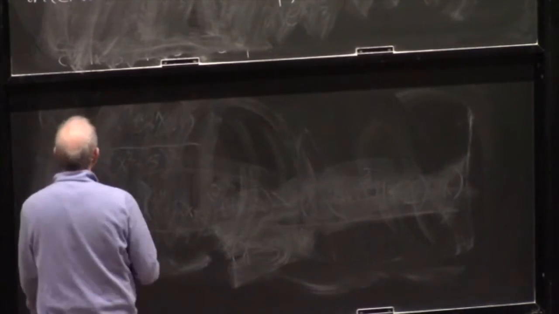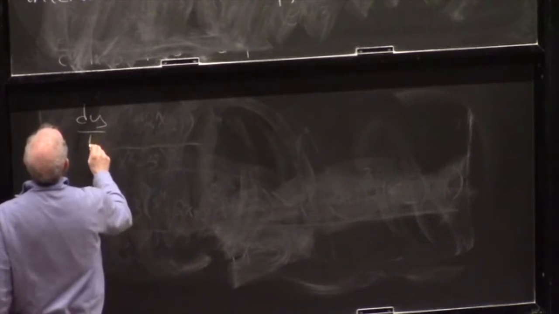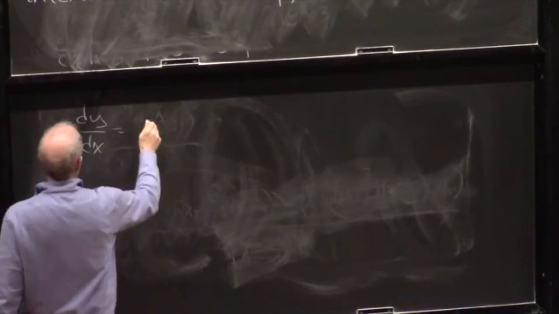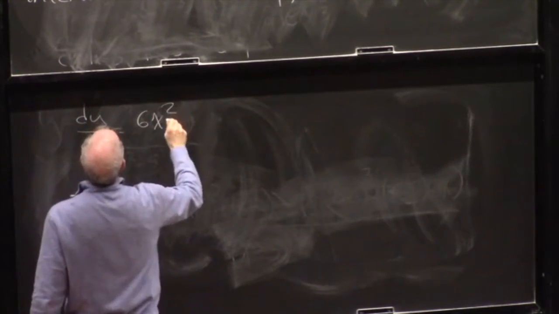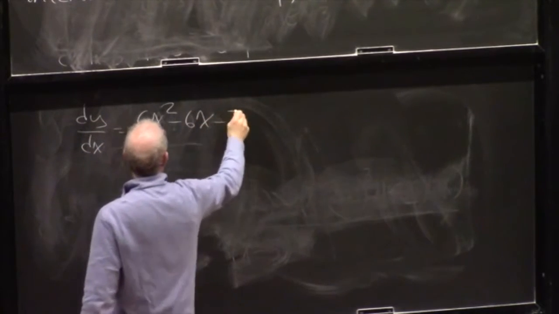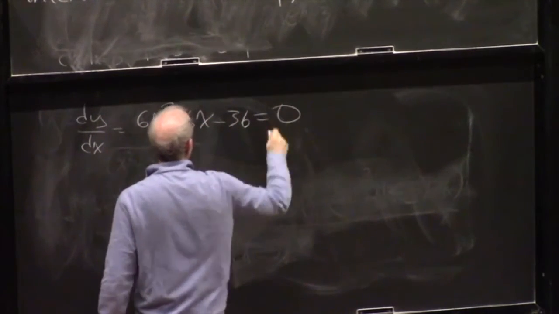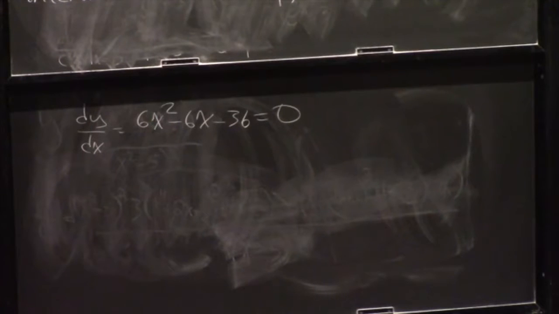Derivative. The derivative is dy dx is 6x squared minus 6x minus 36. Set it equal to 0. So you can divide that through by 6.